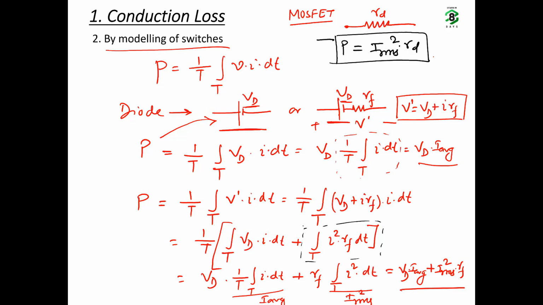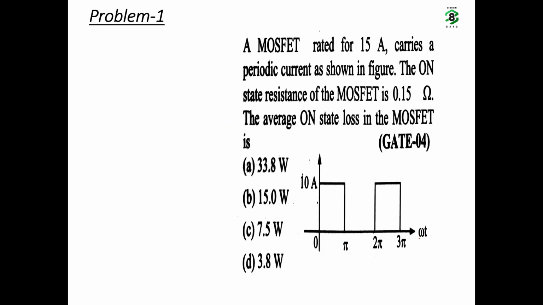Now we will see one problem, then we will understand this in a much better way. This is problem 1. A MOSFET rated for 15 ampere carries a periodic current as shown in the figure. The on-state resistance of the MOSFET is 0.15.